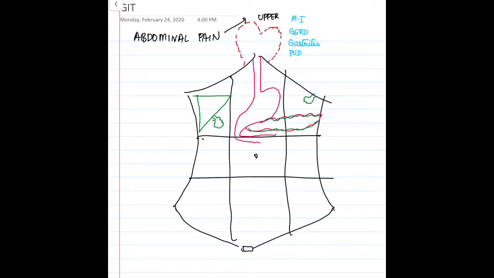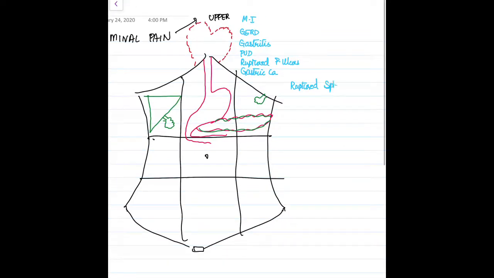And then we have ruptured peptic ulcer, and we also have gastric cancer. Then we have ruptured spleen, and then we have acute pancreatitis, and then we have pancreatic cancer.